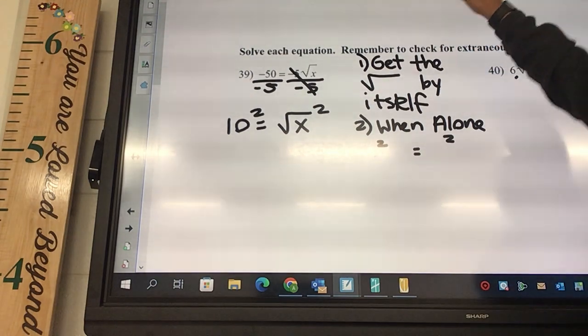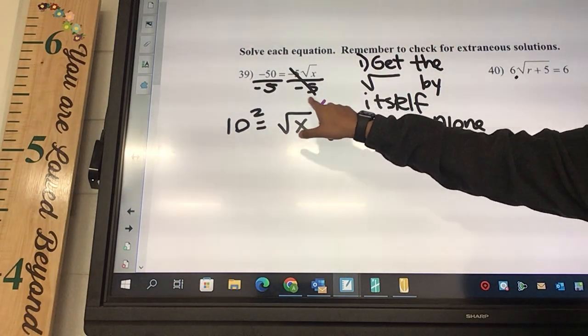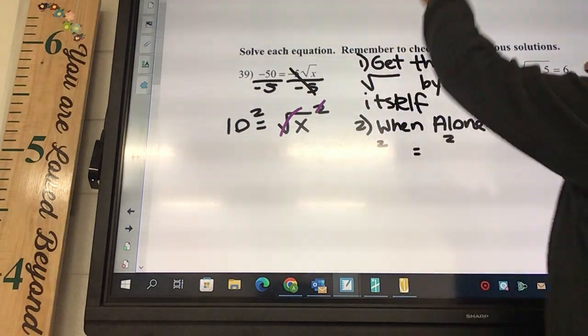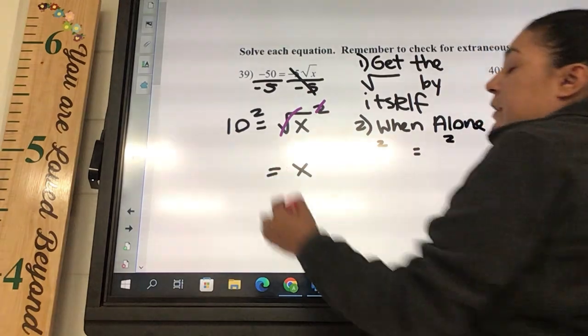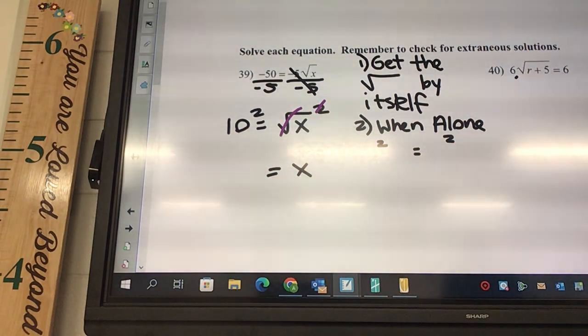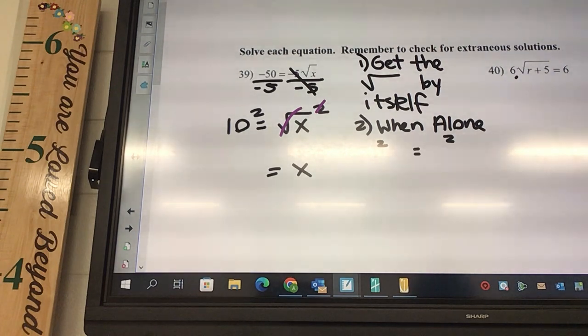When we do this, it gets rid of the square root, so we're just left with the x. And on this side, you need to type on your calculator, what is 10 squared? 100.